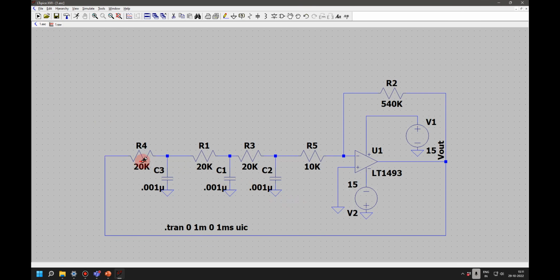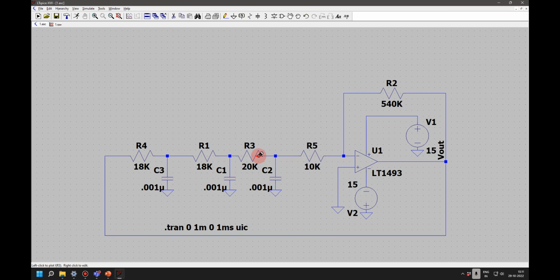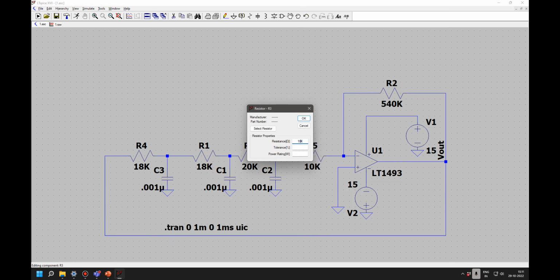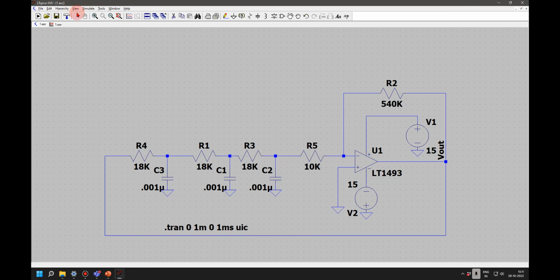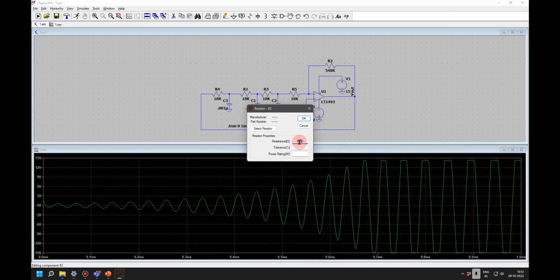Now, if you want to change the frequency of oscillation, I can change these values, let me put it as 18K. So obviously the frequency is reduced, but then accordingly I might have to also do the adjustment out here.